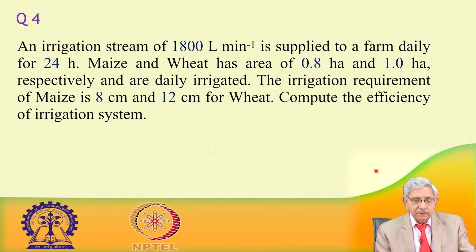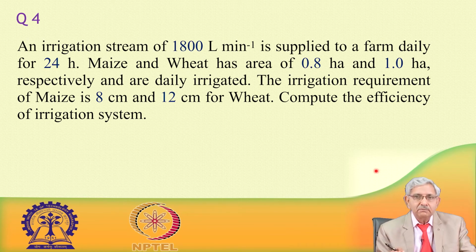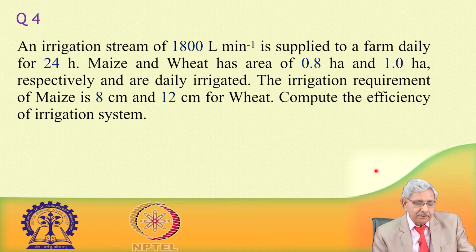Question 4: here it is given an irrigation stream of 1800 liter per minute is supplied to a farm daily for 24 hours. Here irrigation stream discharge is known to us, and daily this particular irrigation stream is operated for 24 hours, means every day for 24 hours this stream is supplied.